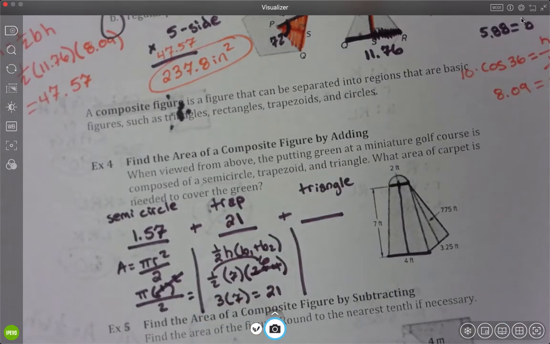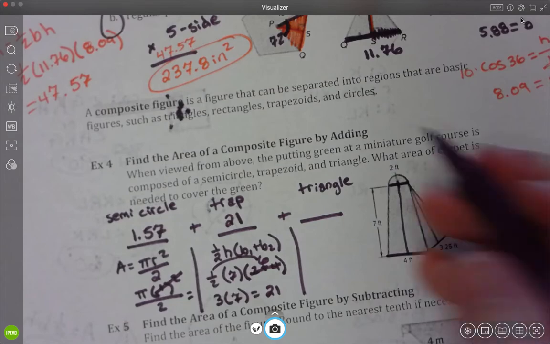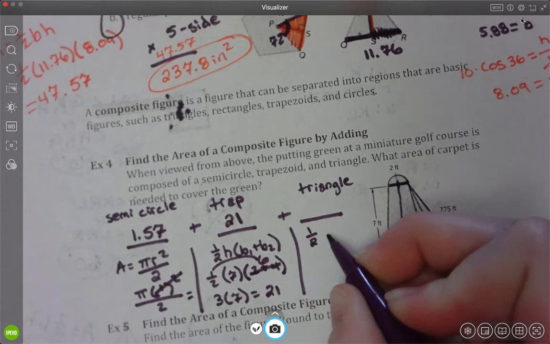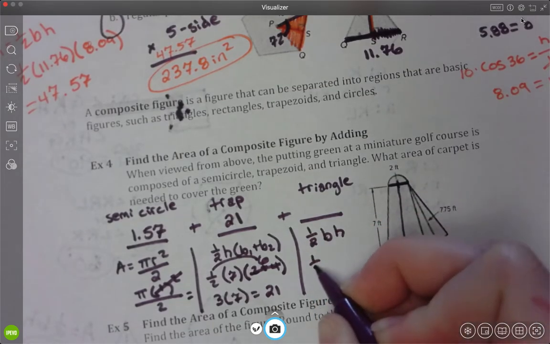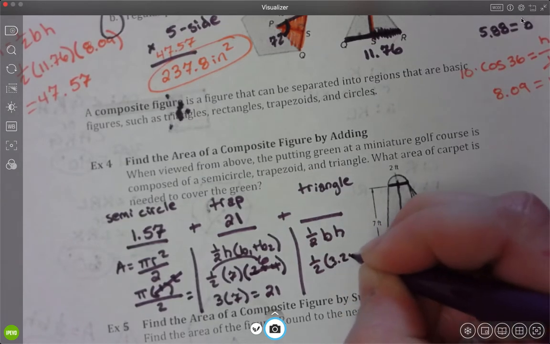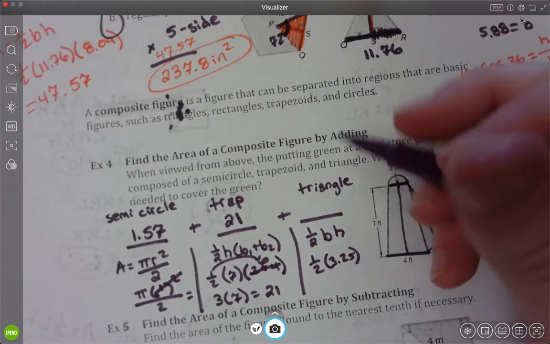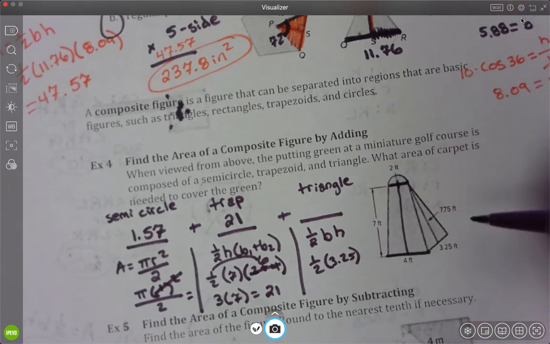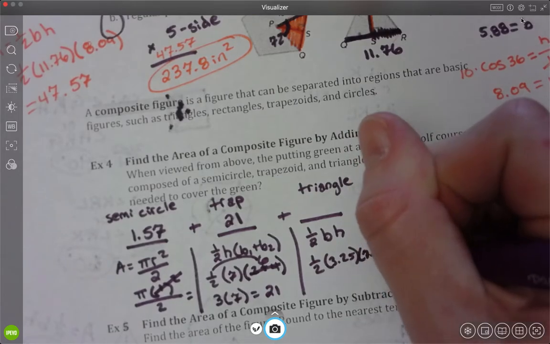Okay, last one, I have the triangle, and area of a triangle is 1/2 base times height. Okay, my base here is 3.25. And my height is going to be, let's see, 7.75? 7.75, there we go.